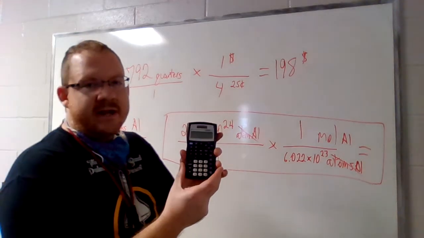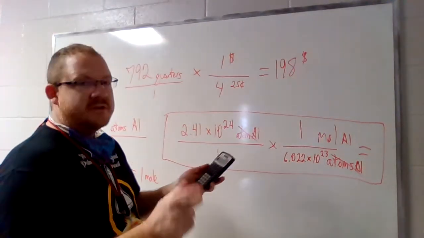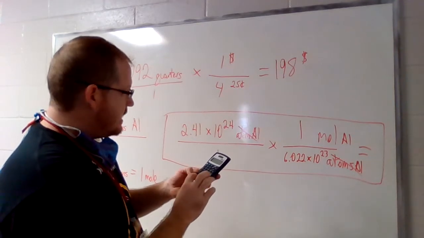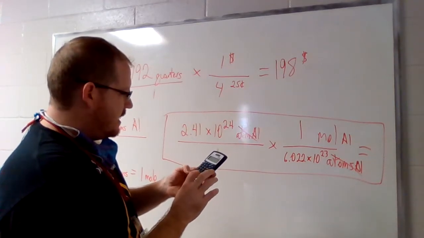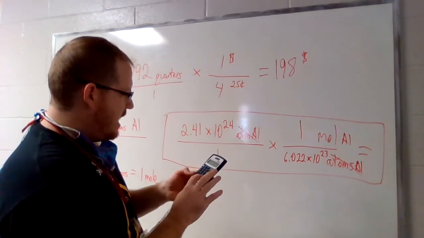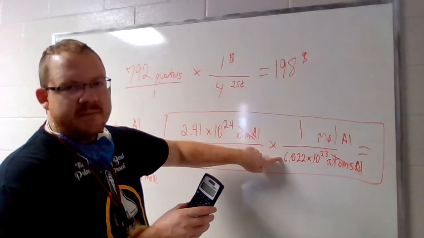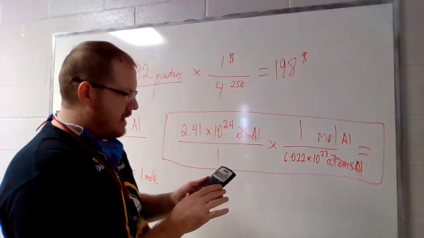And in my calculator, if you're using a calculator at home, it might be a little bit different, but I'm going to use brackets. So I open bracket, 2.41 times 10 to the 24th power, close bracket. And then I'm going to divide by this number on bottom. Because it's on bottom, I need to divide by it.